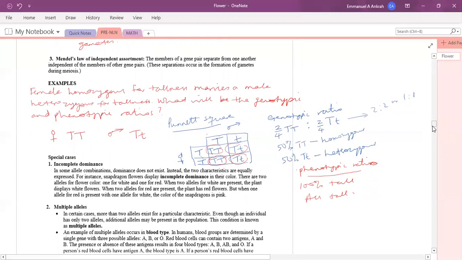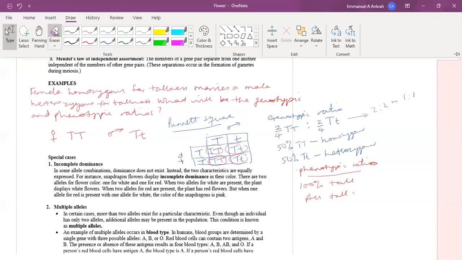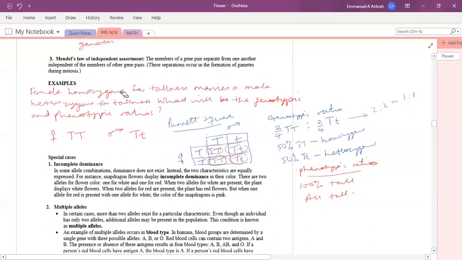Now let's change this question and put in something else. Okay. So let's say that now you have a female. This time, instead of a person being homozygous, let's say this person is heterozygous. So I'll change this to heterozygous.